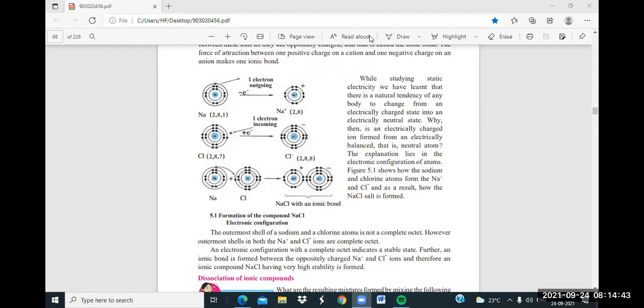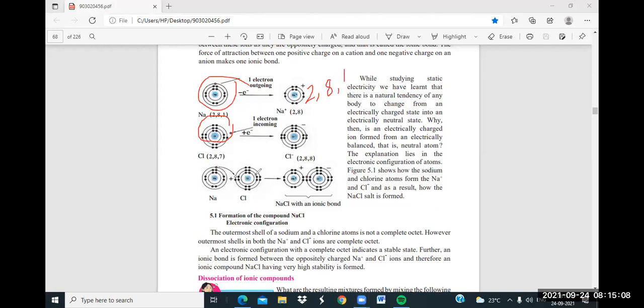A very simple, regular example is given: sodium and chlorine, shown by their electronic configuration. First, how many are there? The sodium atomic number is 11, so we can write its electronic configuration as 2, 8, 1.